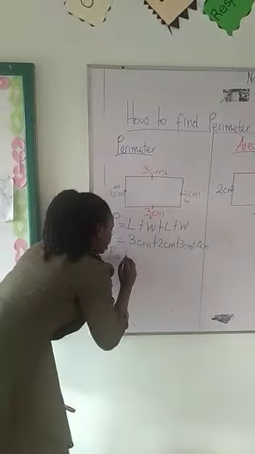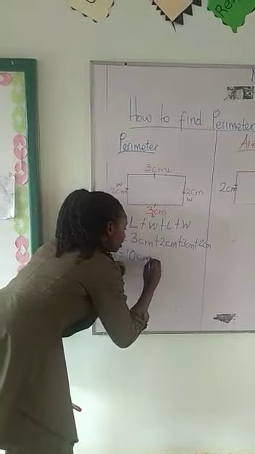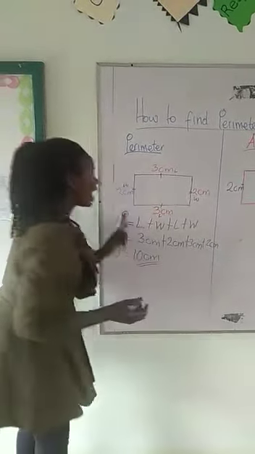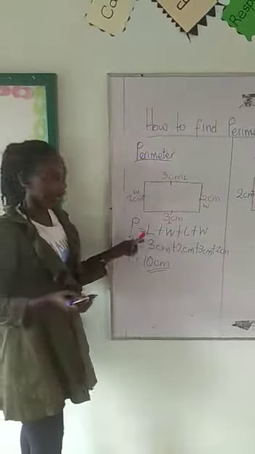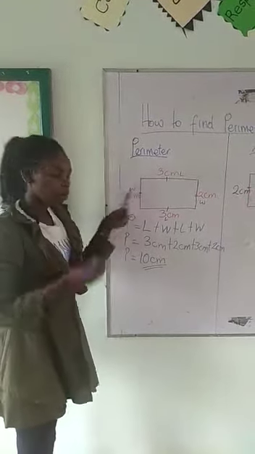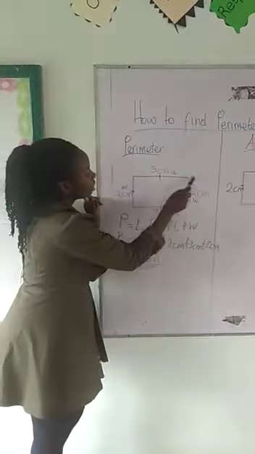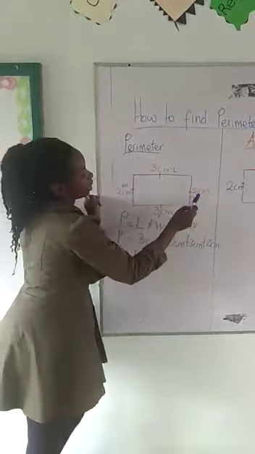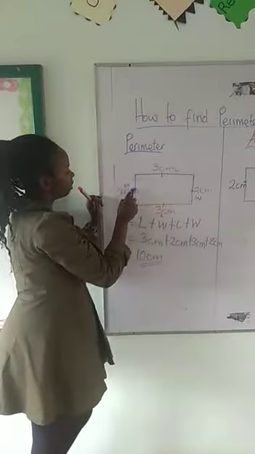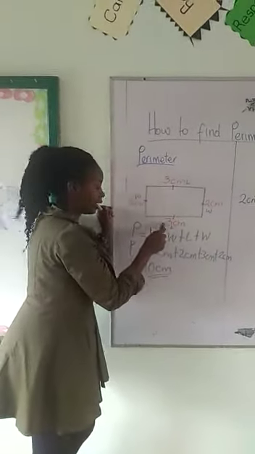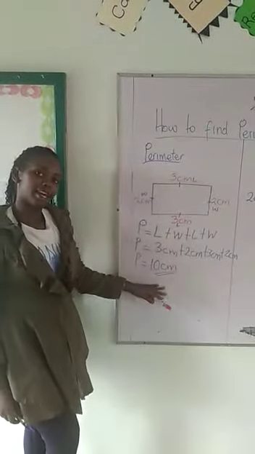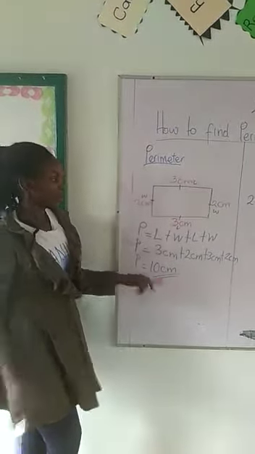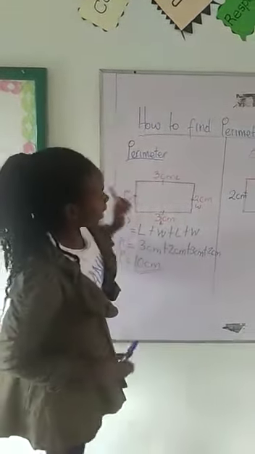Yes, the answer is 10 centimeters. That is how I'm finding the perimeter of a rectangle, because I'm adding all sides around. I have to move from here, I come here, I come here, I come here, and eventually I end up here. This is my perimeter. I guess you had that answer also, 10 centimeters.